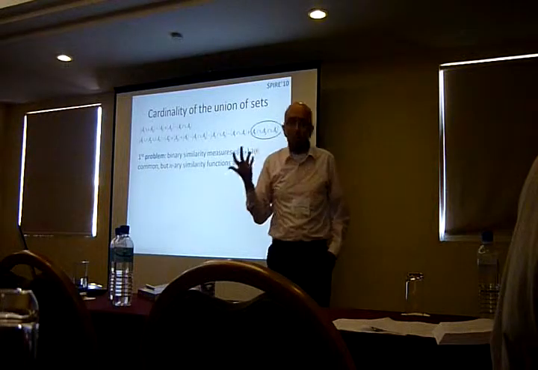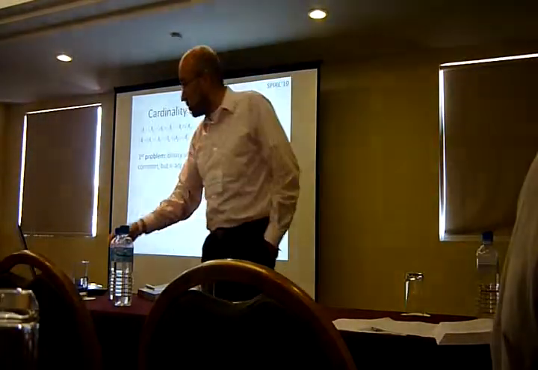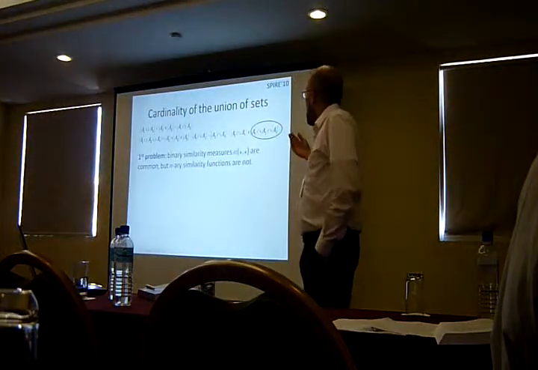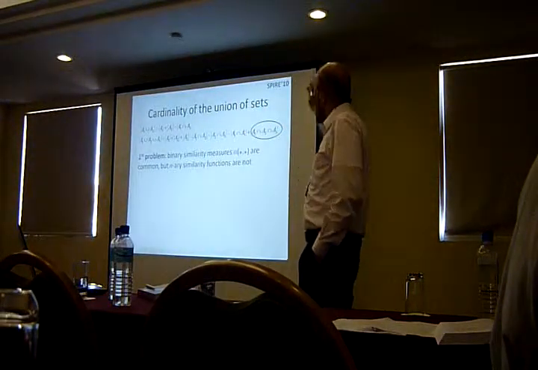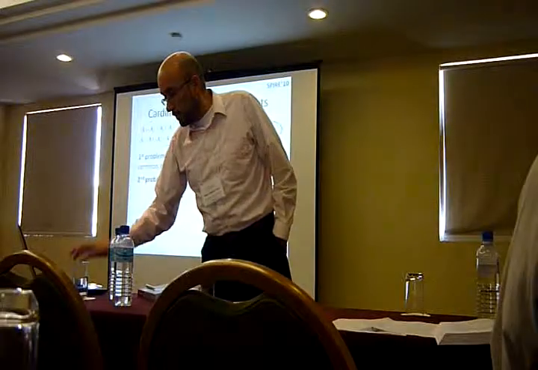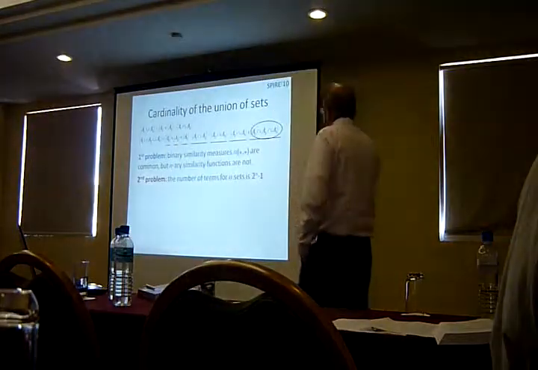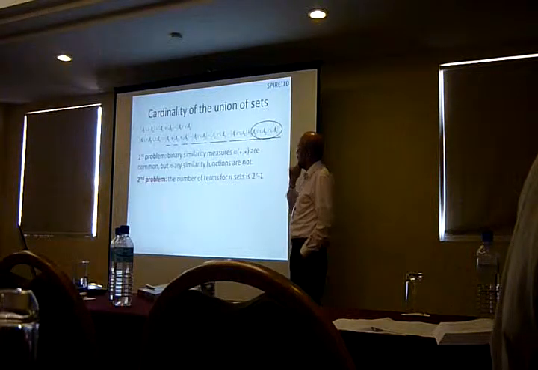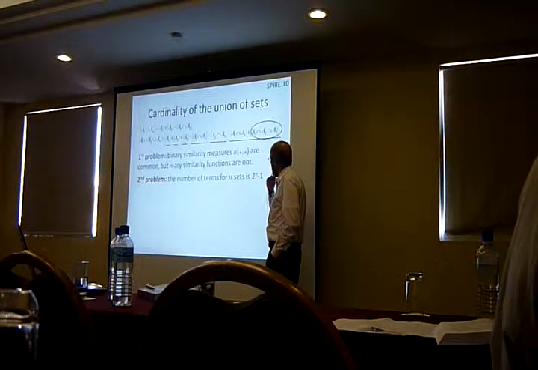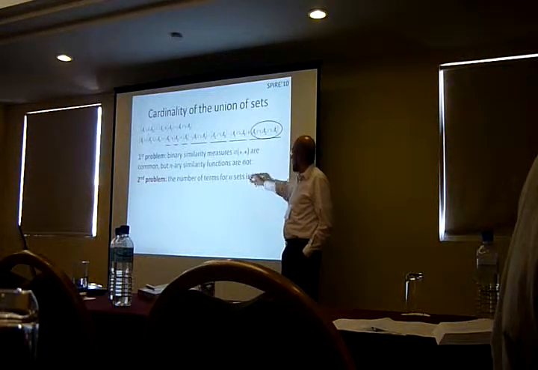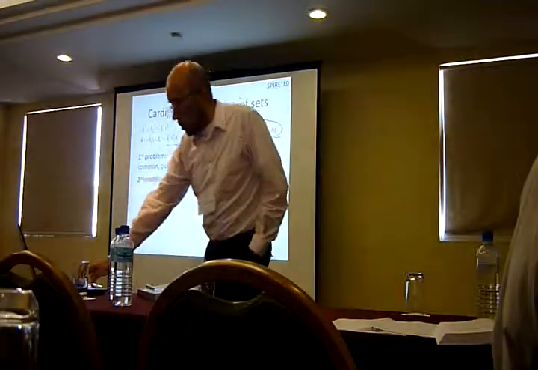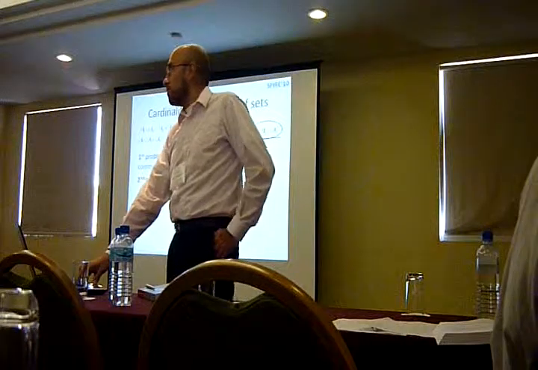We do not have many three-ary functions, or n-ary similarity functions for a larger number of sets. The second problem is that for computing the cardinality of the union set, we have too many elements. Basically, 2 to the power n minus 1, which is a huge number, even for small values of n.